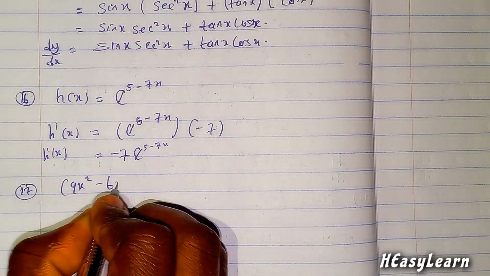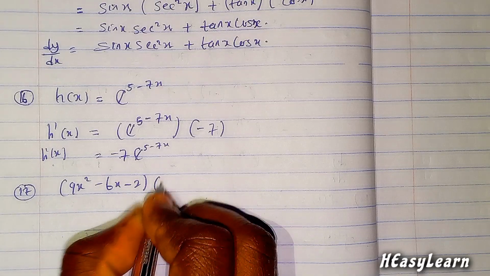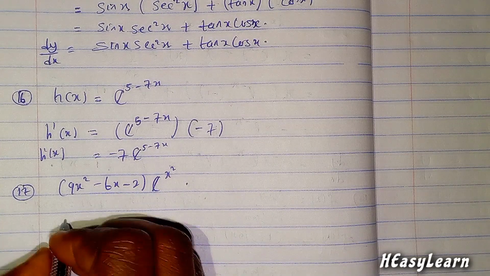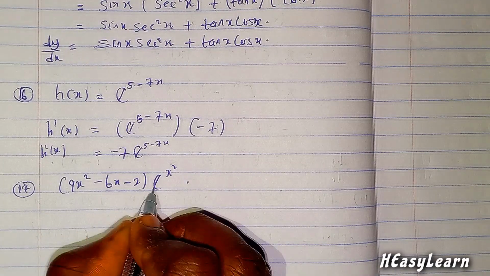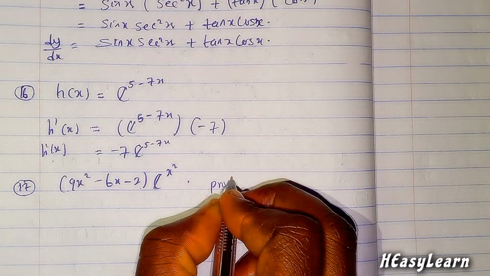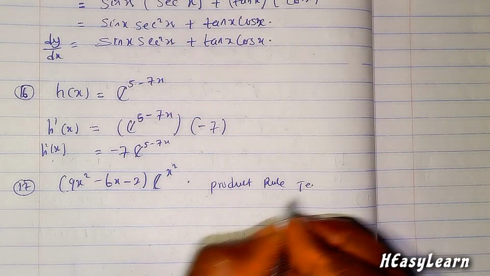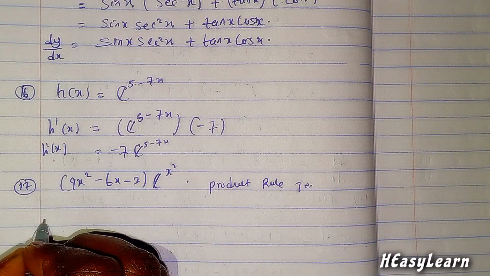9x squared minus 6x minus 2 multiplied by exponential x squared. So what is this function? A polynomial multiplied by an exponential function. We are going to use the product rule technique to find the derivative of this function.